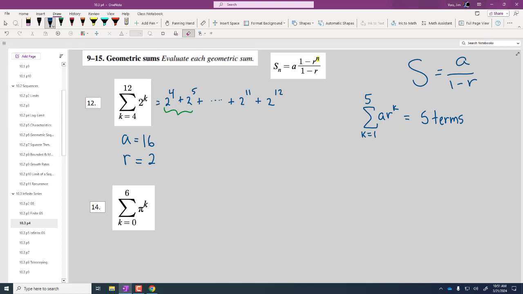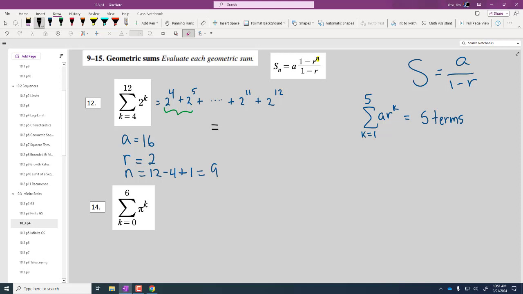So however you want to think about it, you just have to get to 9. So n is going to be 9. However you get to it is totally fine. And then the sum of this finite geometric series, now we can use our formula.